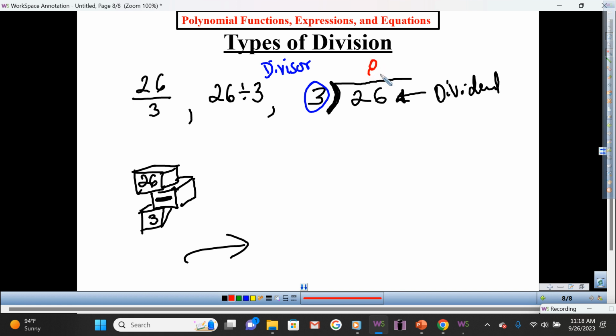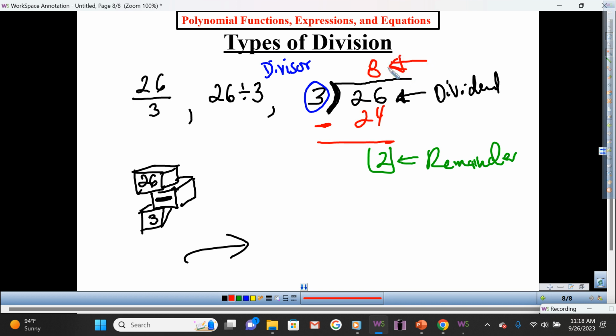8 times. 8 times 3, that's 24. And then we're going to subtract. 26 minus 24 is 2. The 2 is known as the remainder. And the 8, the solution to a division, is known as the quotient.